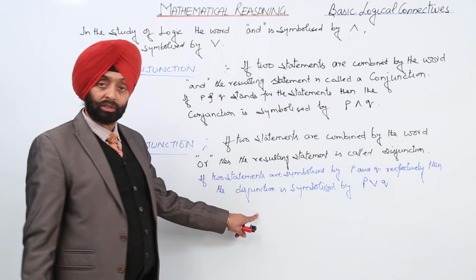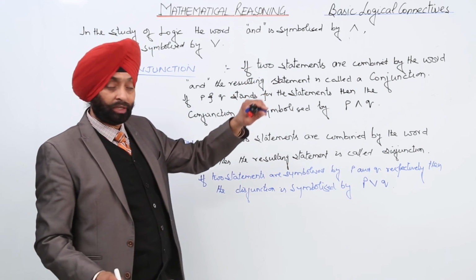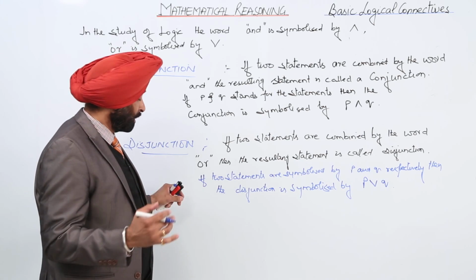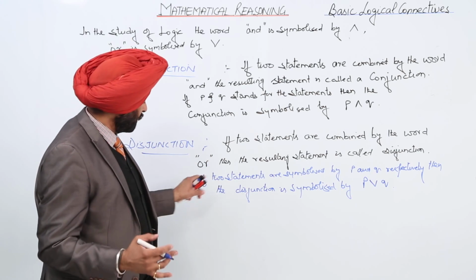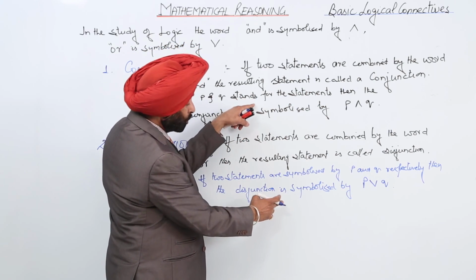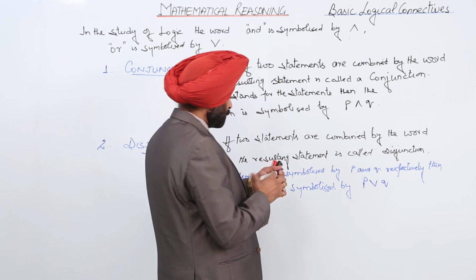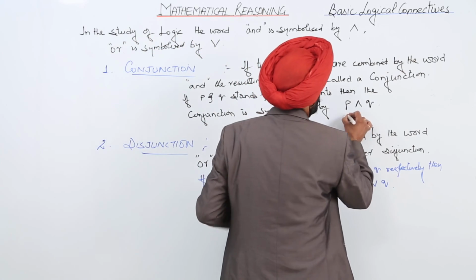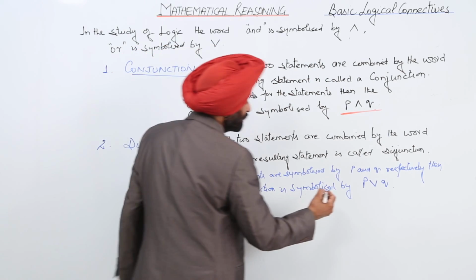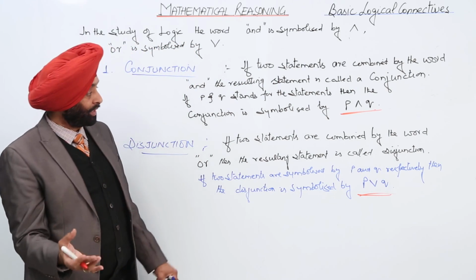Okay. Now I have just changed the statement a little bit. Here I had written, if P and Q stand for the statements, one and the same thing, and here I changed it a little bit to taste differently, so that you can go from both the things. So now here we have conjunction, directly P and Q, and disjunction, directly P or Q. So there is a difference, P and Q.